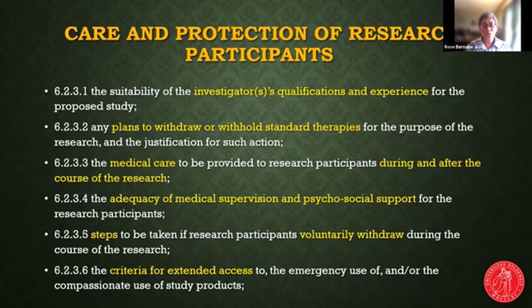So a research ethics committee would want to look into these plans for withdrawal or withholding standard therapies, if they're justified, if they will not pose additional risk to the research participants.